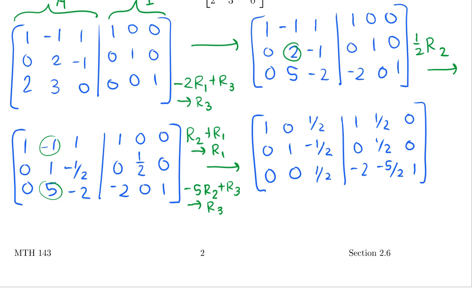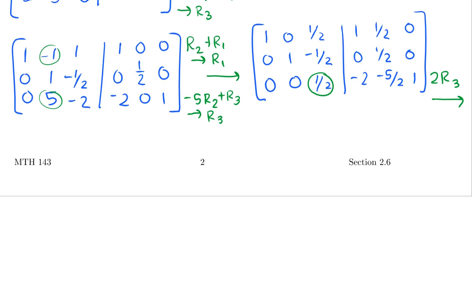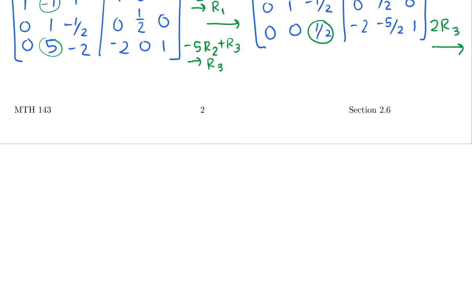We're very close to being done. Now we need to look at column 3, and so we need the 3, 3 element to be a 1. So that means we'll need to multiply row 3 by 2. So we need 2 times row 3, and that gives us the next matrix. I'll go ahead and draw it down here.